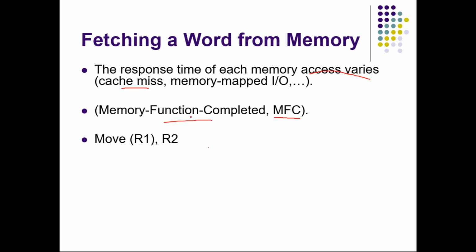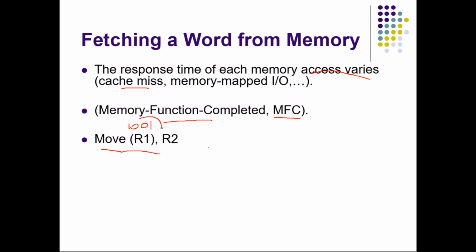Let us try to understand how a word is fetched from the memory using this example. Move (R1), R2. R1 is given within brackets, which means that R1 represents some memory location. R1 contains some address. Say R1 contains 1001; it means move the content of memory location 1001 to R2.